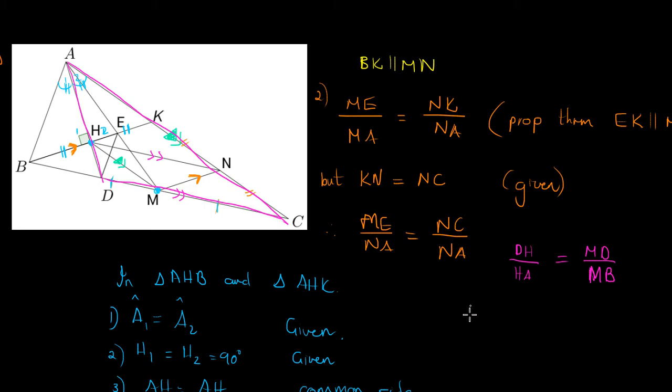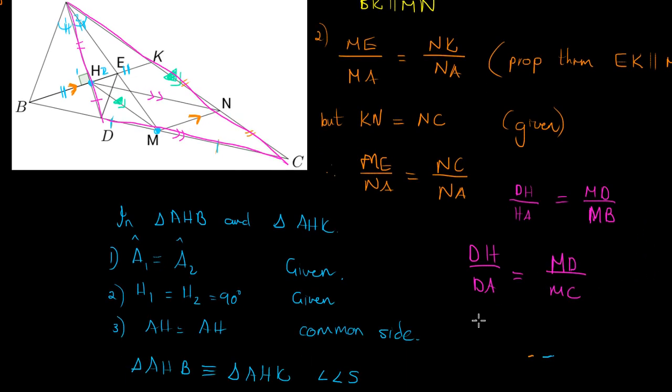Okay, so here we have DH over DA is equal to MD over MC. But MC is equal to BM, given.